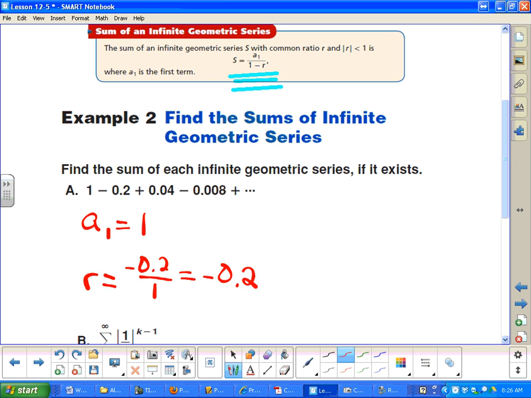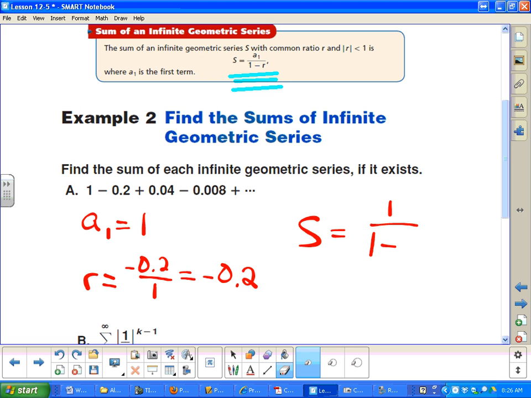So to find the sum, I take the first term, divide by 1 minus the value of r. So 1 minus negative 0.2.